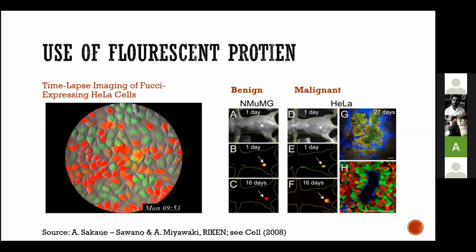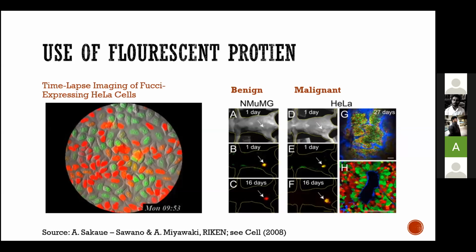But on the 16th day, the malignant tumor mass was spreading and still in mitotic phase. So you can say that this tumor mass is growing further. It's not benign. It's not staying there. So this was one use of this technique.